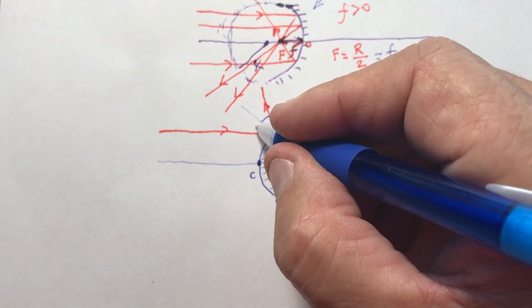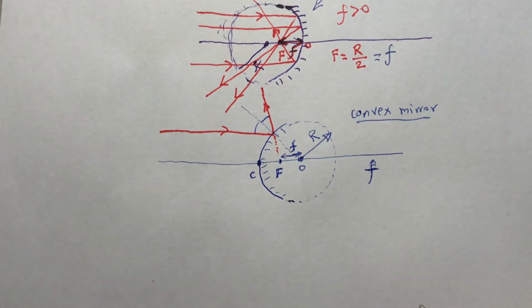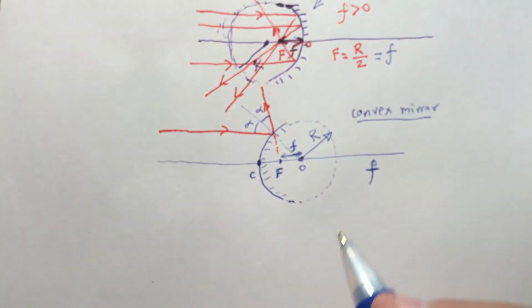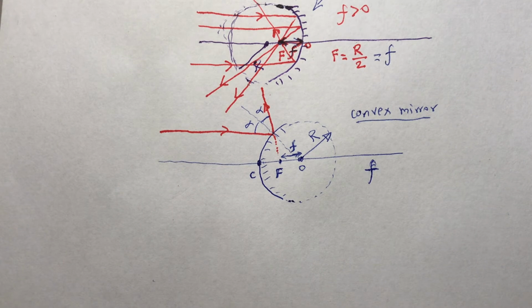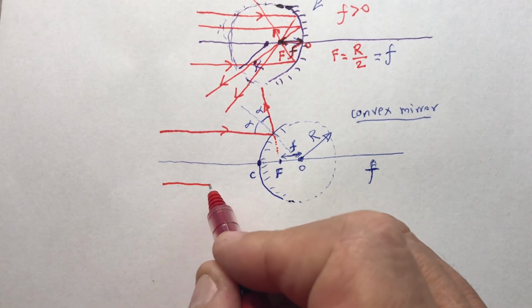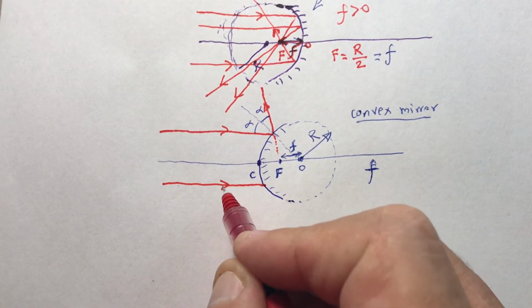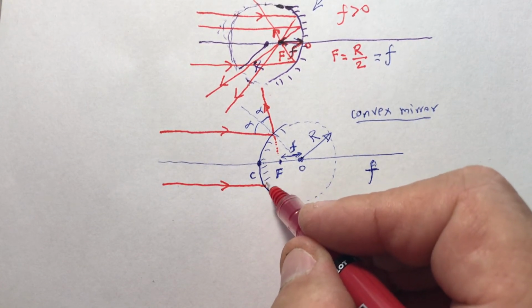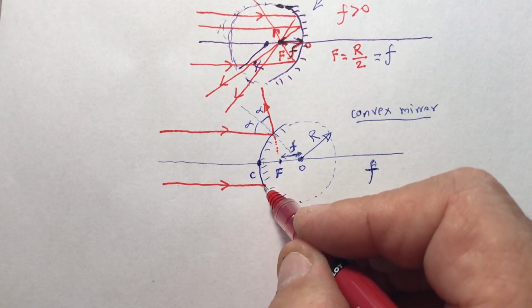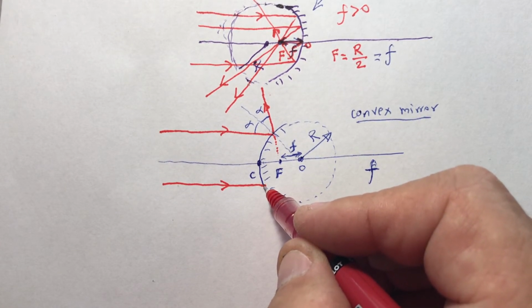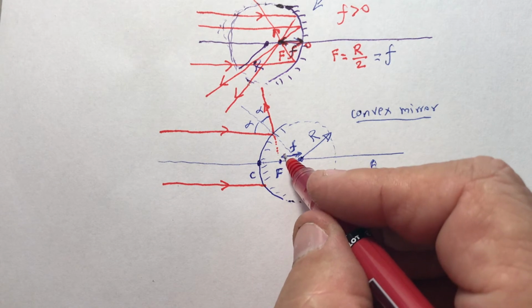And let me take up this point here. So this angle here is equal to that angle. The angles are equal to each other. Let's call this one alpha, and that's alpha. Okay, now let's take another ray, some ray coming this way, horizontal. What's going to happen? It's going to reflect this way, such that the reflected ray is in this line here.